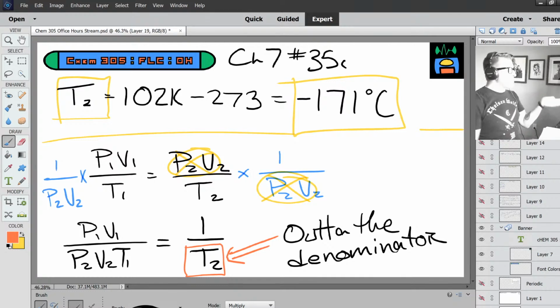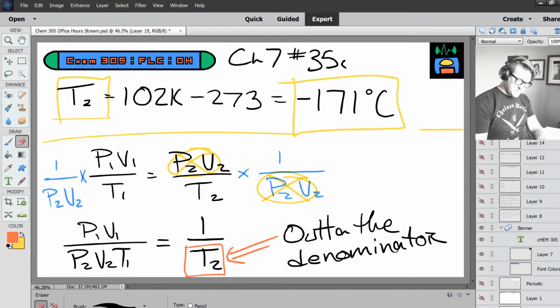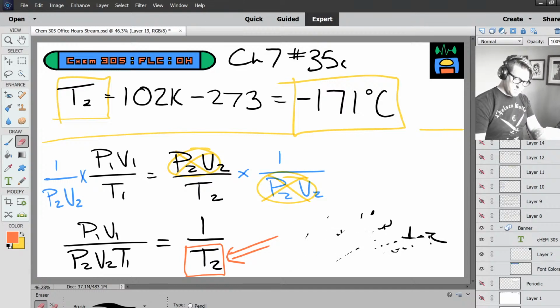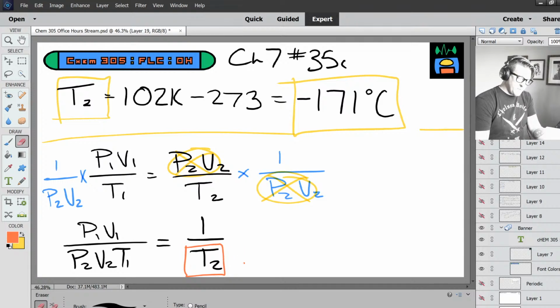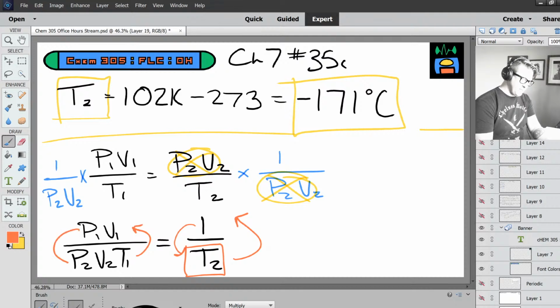Yep. But you see, Esther, you could totally do the reciprocal. So check this out. You need the reciprocal, but this might be an easier algebraic way to do it, because if you take the reciprocal and flip numerator and denominator here and then do the same thing there, what do you get?